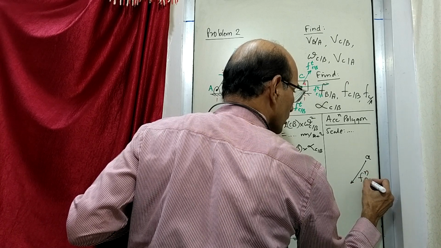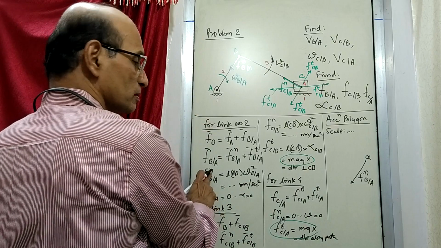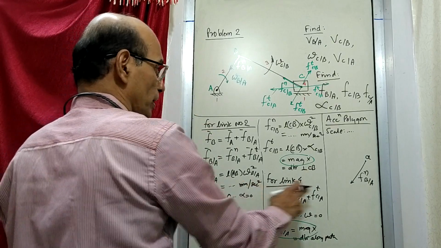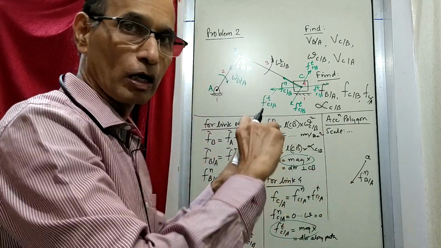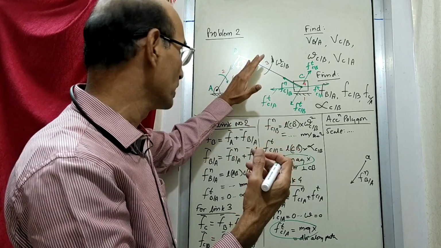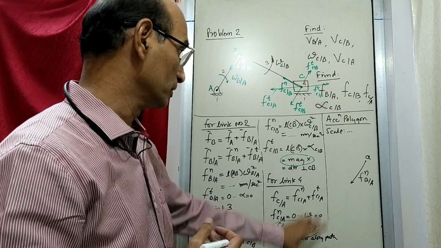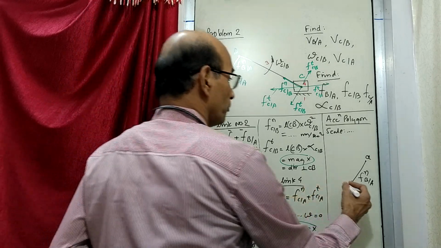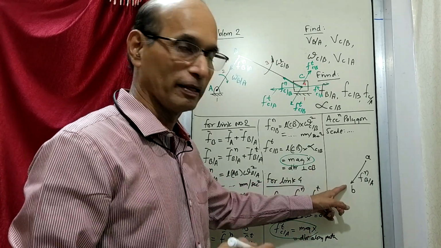The name of the vector is f normal of B relative to A, which we have drawn like this. Now when you are doing it, you have to set your scale, drafter or whatever you are using, so that you draw a line parallel of suitable length. So now this is going to be point b. Since there is no tangential acceleration, this is final point b.